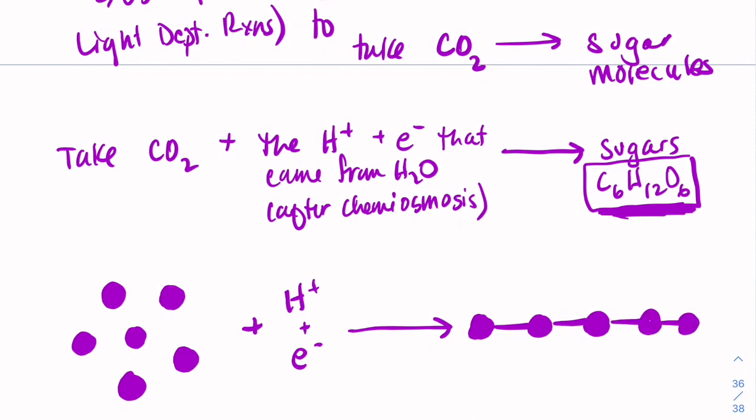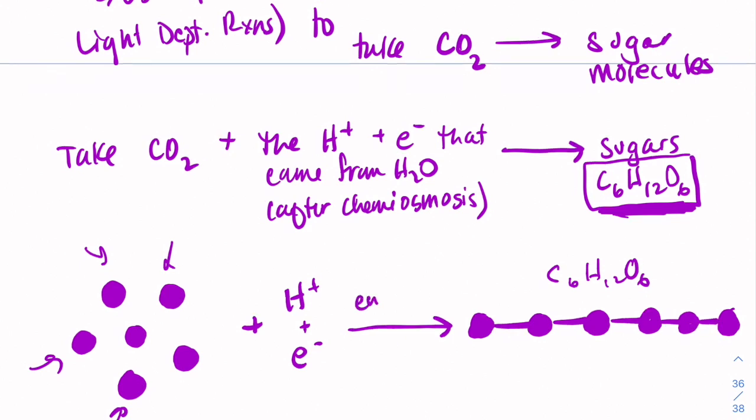That takes a lot of ATP to put 6 of these individual things together to form one C6H12O6 molecule. And all that ATP comes from the light-dependent reactions.